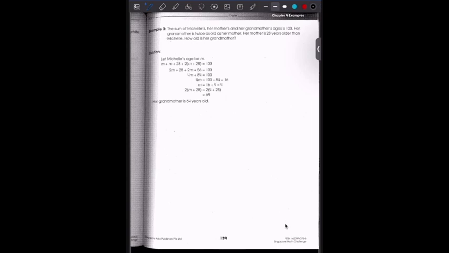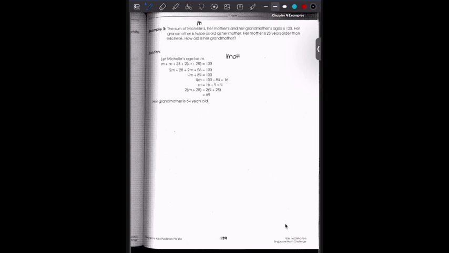So Michelle's age is going to be M. The sum of Michelle, her mother's, and her grandmother's ages is 100. Her grandmother is twice as old as her mother, and the mother is 28 years older than Michelle.